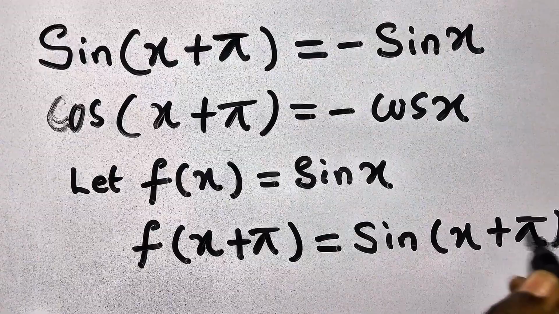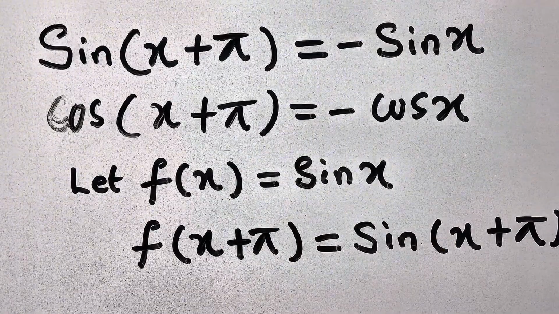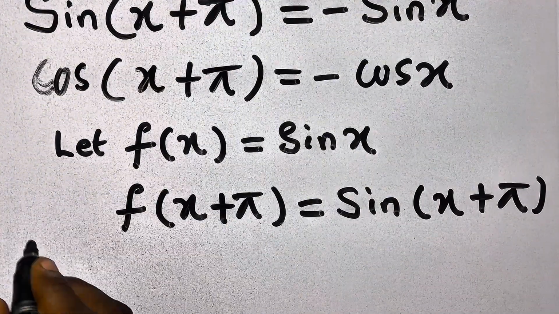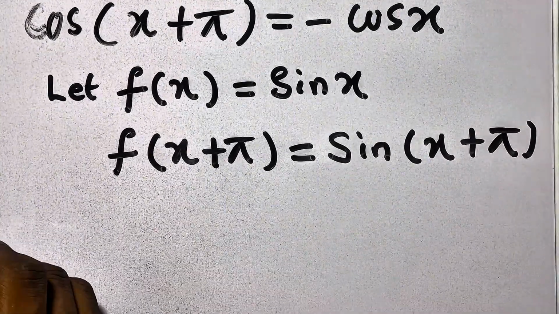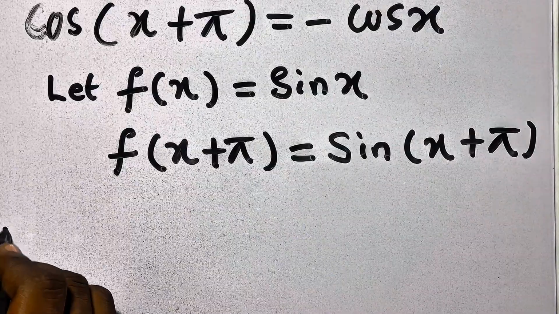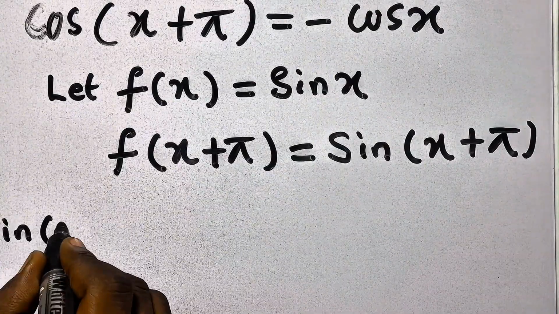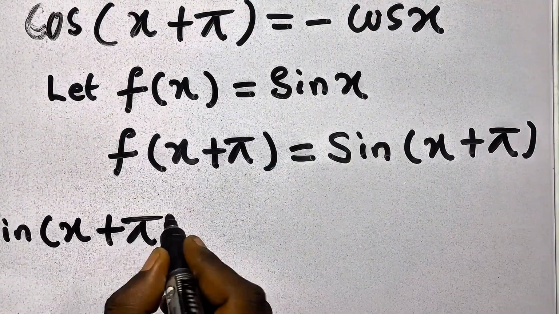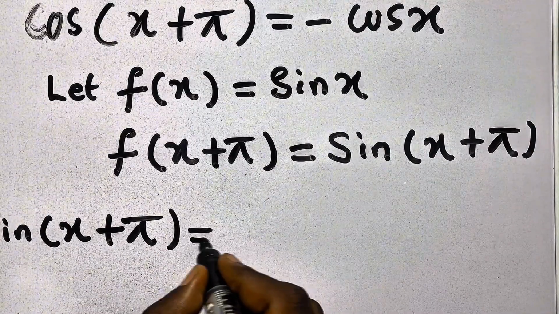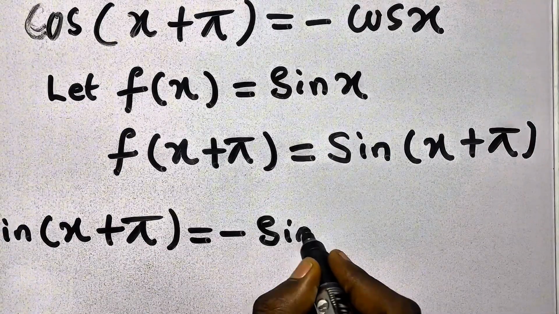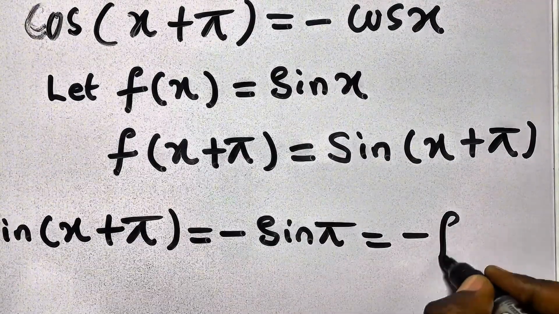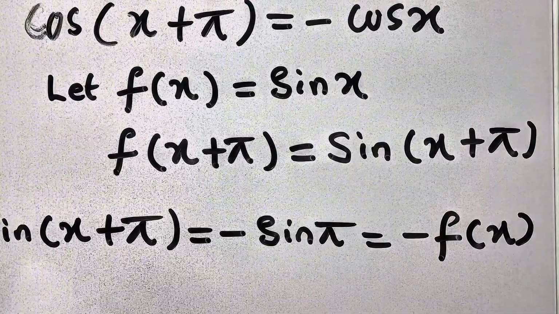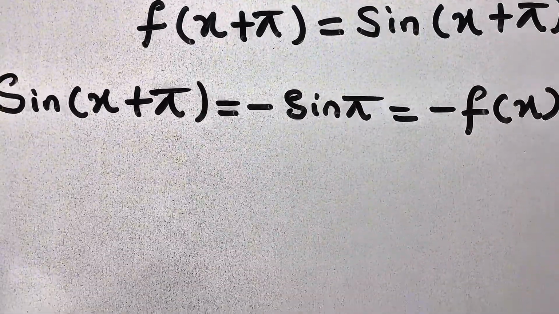So this is what we transform to be like this. So now let's put it together: sine of x plus pi equals minus sine x, and this equals minus f of x. All right.